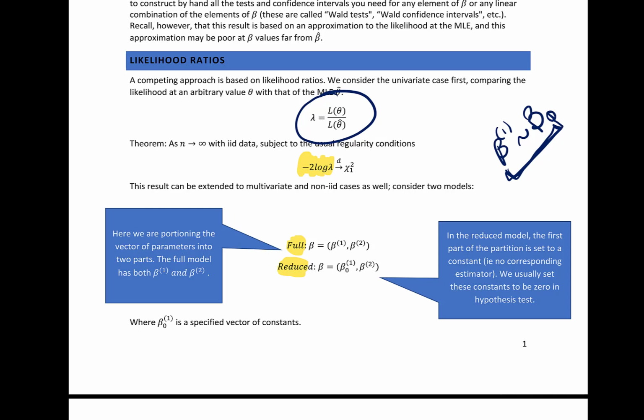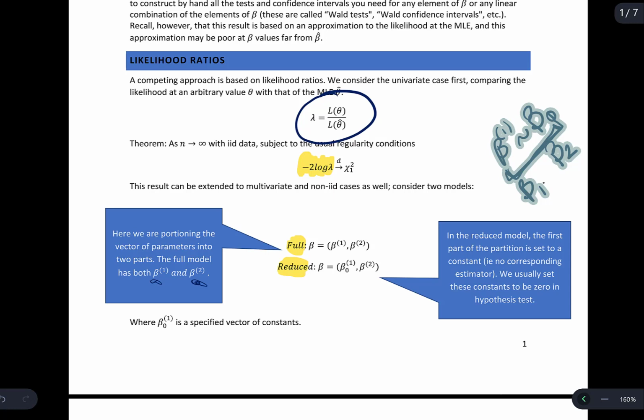All right, the full model in this case is going to partition beta, which is a vector of our parameters, into beta 1 and beta 2. So here we're going to partition the vector into 2 parts. The full model is going to have both the first part and the second part. Just like I said on the right-hand side, you could just as easily think of that first part as being beta 1 and beta 2. One thing this notation does for us is give us a little more flexibility.